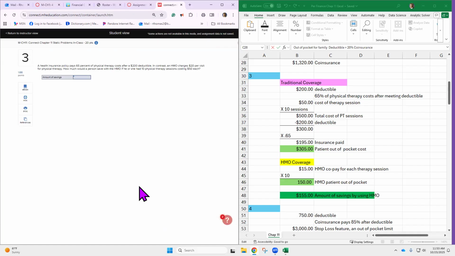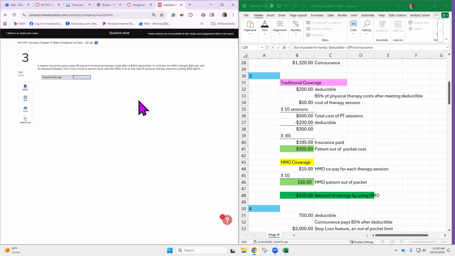All right, number 3, last thing. Okay, off the soapbox. A health insurance policy pays 65% of physical therapy costs after a $200 deductible. In contrast, you can have a policy called an HMO. HMO stands for Health Maintenance Organization, I think. It's been a while since I've messed with an HMO.